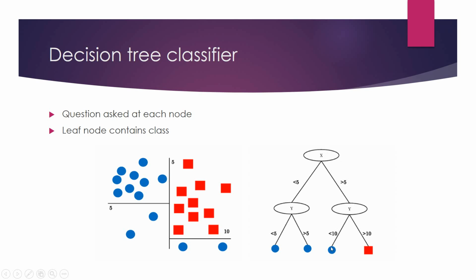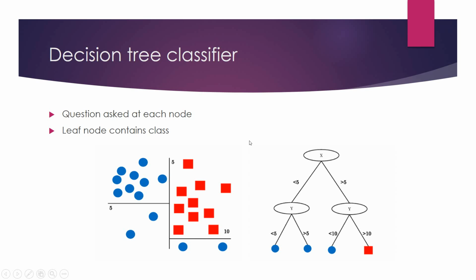At every leaf node a class is maintained by the decision tree classifier. So here the class is blue, so the data point corresponding to the feature vector 6 comma 7 is assigned the class blue.